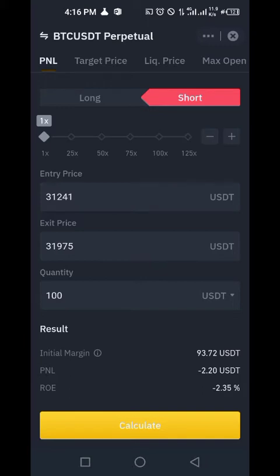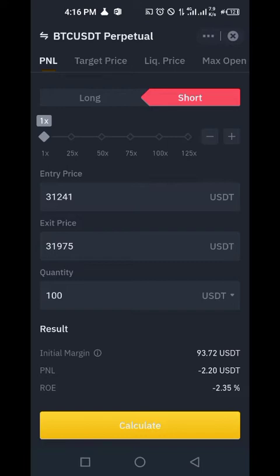Now look at this. What does this mean? On shorting BTC on 1x leverage, with the entry price they gave me and the exit price, if I enter 100 as the USDT that I want to use, they said the initial margin it will cost me is $93.72, and the amount I'll be losing from the total is just 2.35%, which is $2.20.